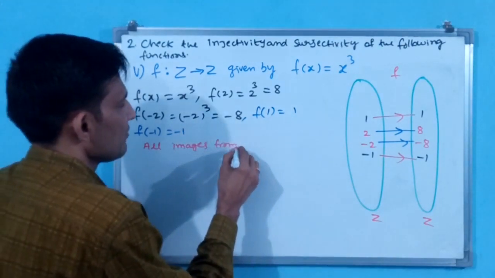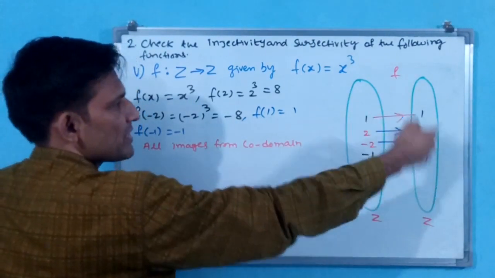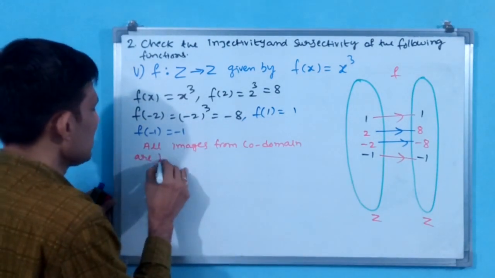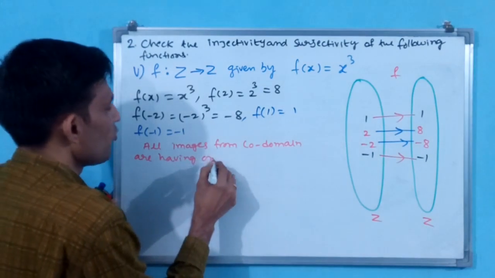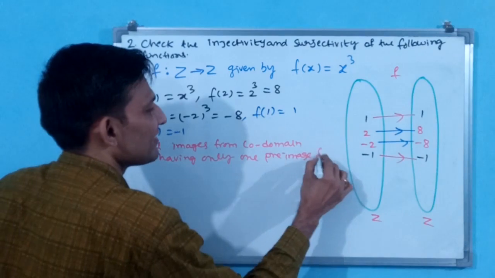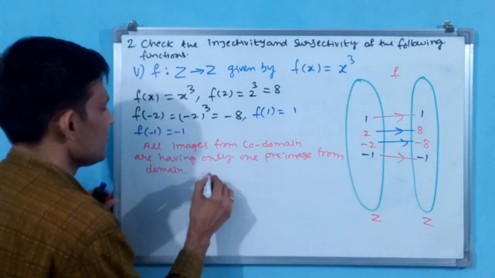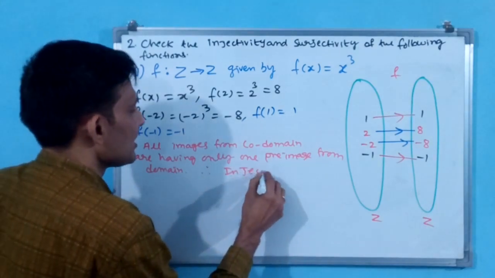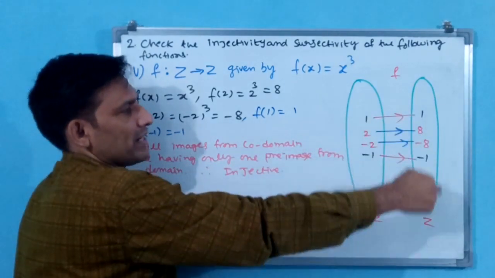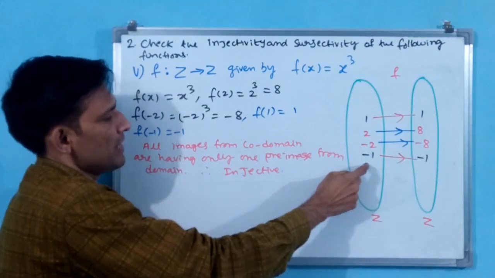All images from codomain. Now you can write codomain. Images. Why? Because these are images. All images from codomain are having only one pre-image from domain. Therefore, injective.